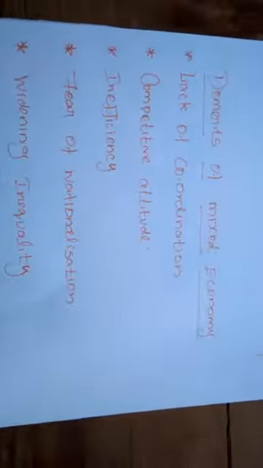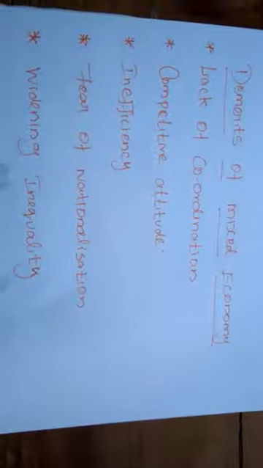For example, telecom service is provided by the government and Reliance, which is the private sector. When the government provides the service at a reasonable price, the private company will provide the same services at a lower price. The example is the BSNL company and the Reliance company.